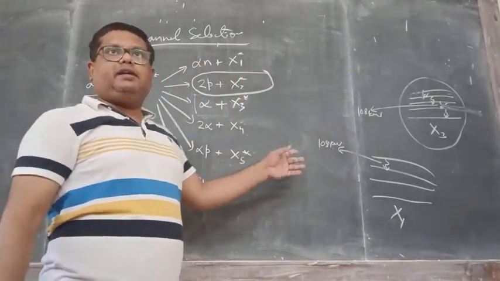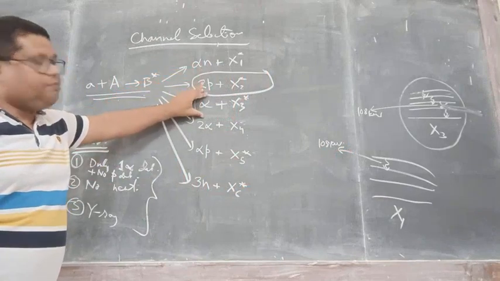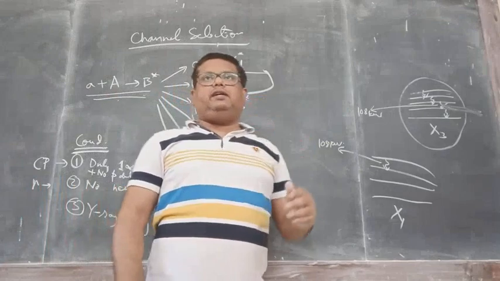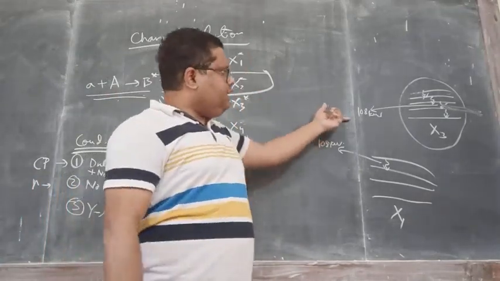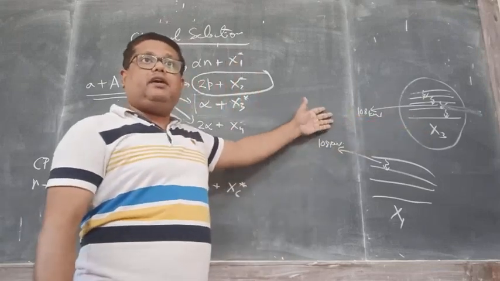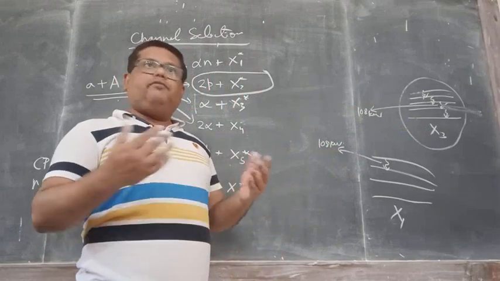Now after the previous selection of alpha plus X3, suppose I get 108 keV in my spectrum. You might ask, sir, you say this 108 keV belongs to X3, but 108 keV is also present in X1. So how do I confirm? Very simple.